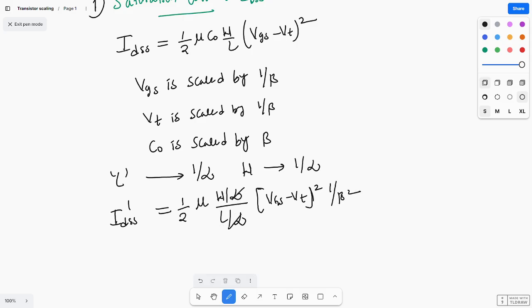Anyway alpha gets cancelled. C naught is scaled by beta, so that beta and one 1 by beta get cancelled. So this is scaled by 1 by beta into IDSS. So IDSS is scaled by what?